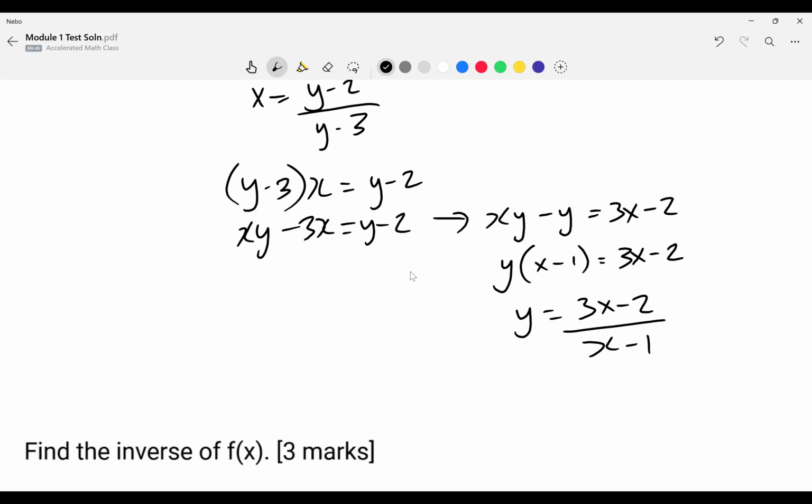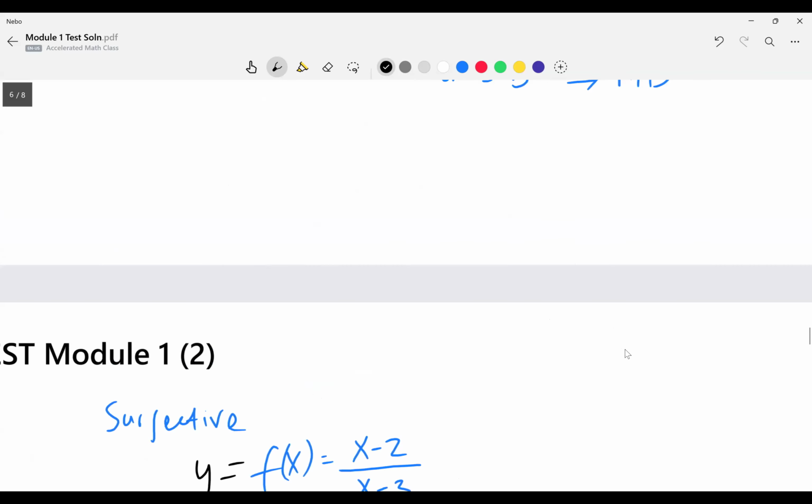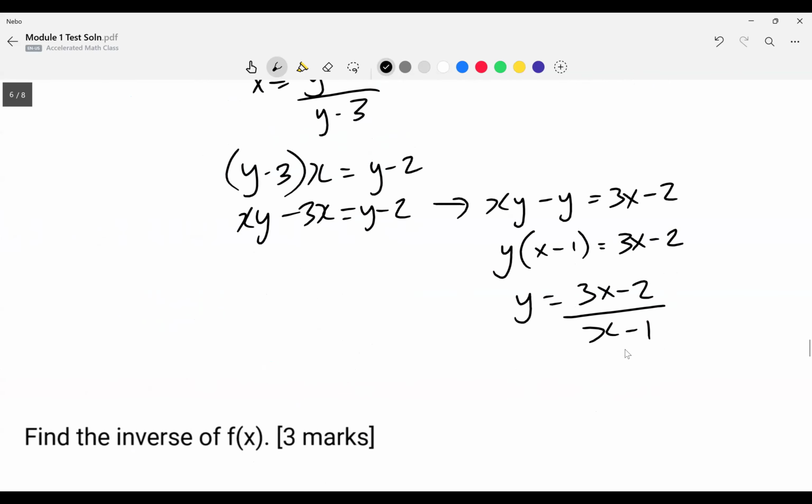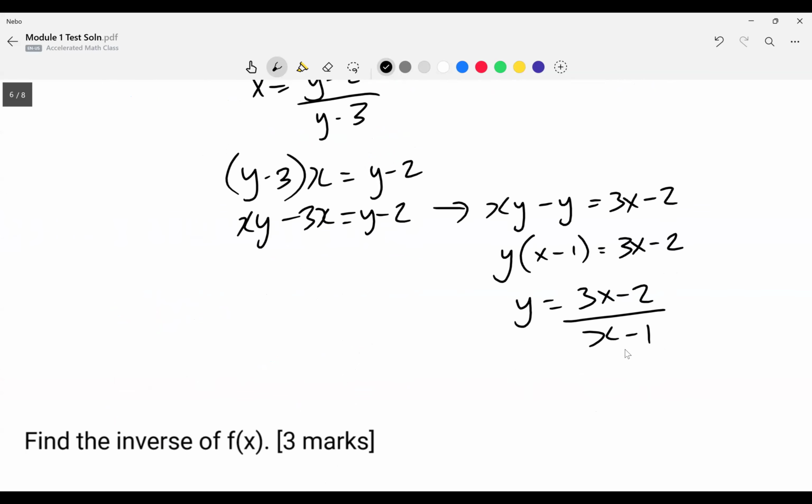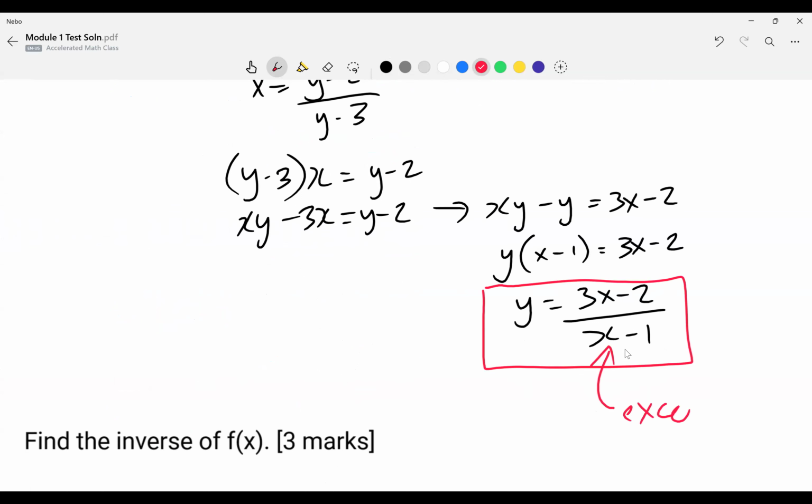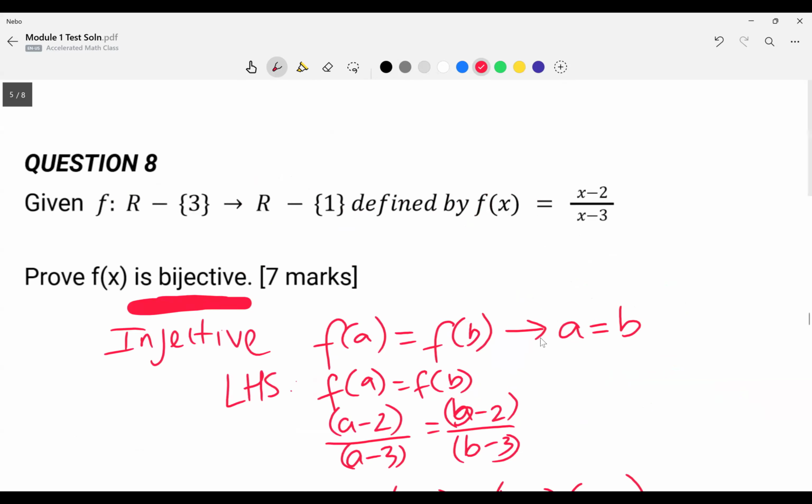So, look at this. What it's really saying is that we have this right here. Now, we just need to explain that x, this value here, can be anything except 1. We can plug in any value right there, except 1, which is what they stated here.